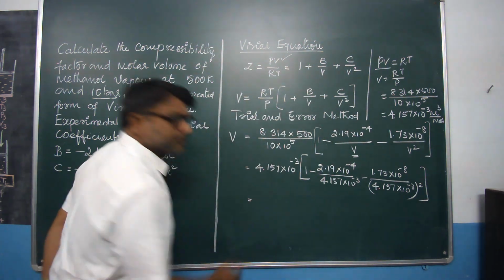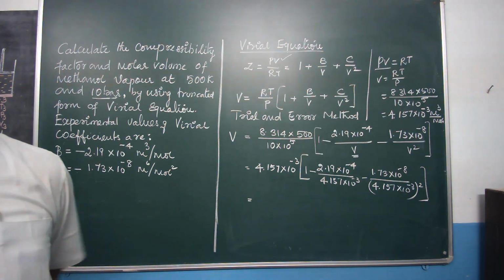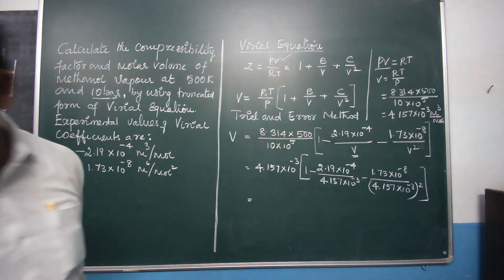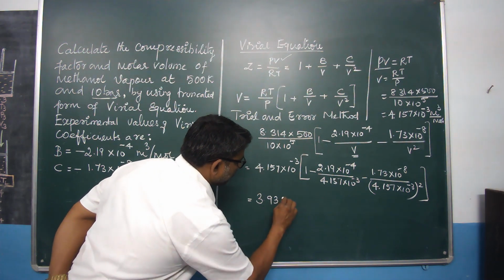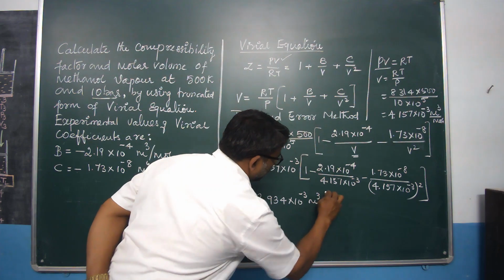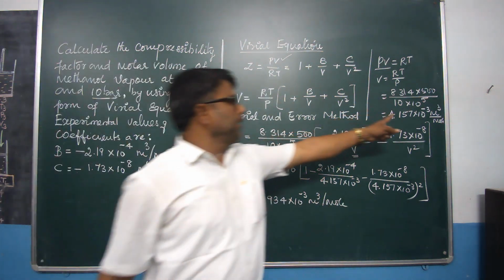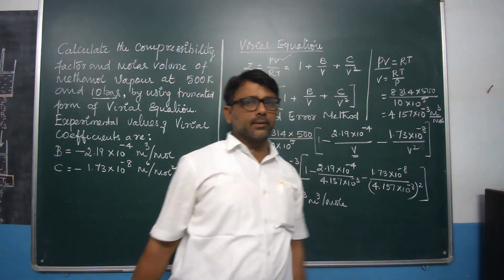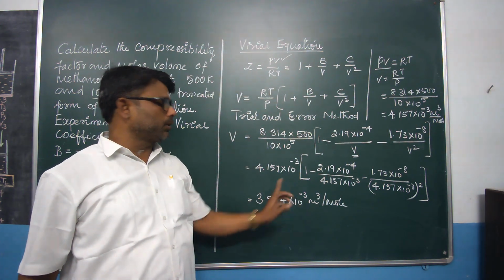Now the answer is 3.934 into 10 to the power of minus 3 meter cube per mole. Your assumed value is 4.157 into 10 to the power of minus 3. Your predicted value is 3.934 into 10 to the power of minus 3.